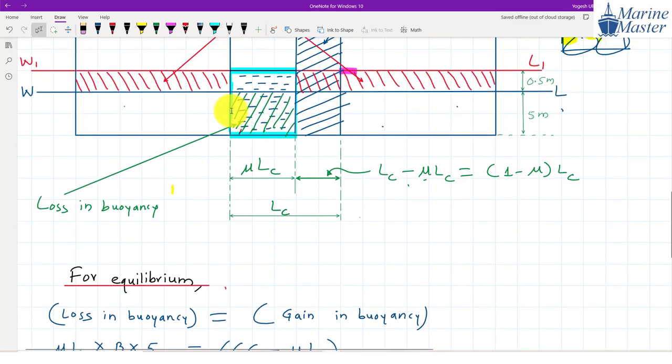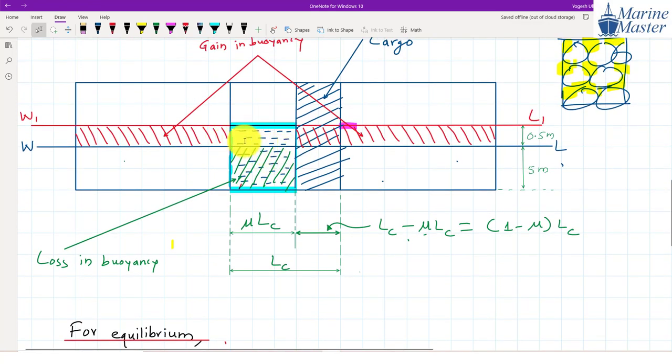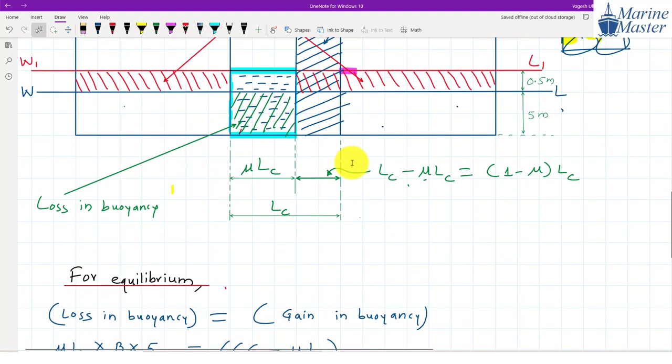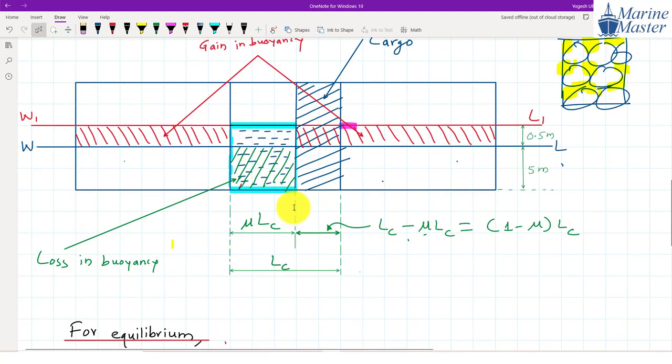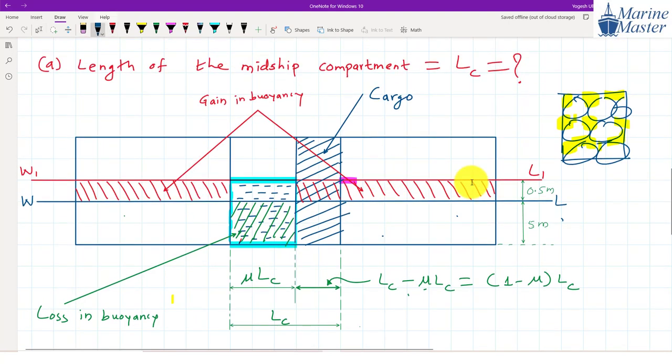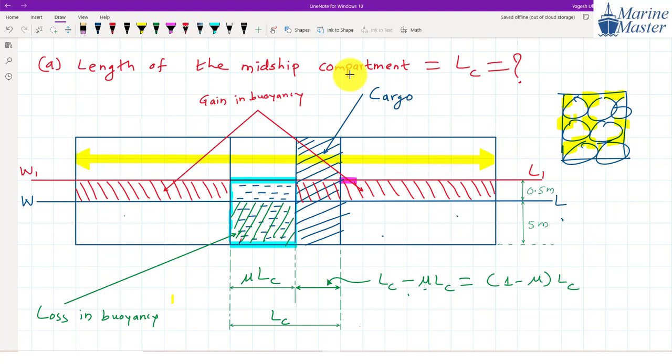This portion is mu LC, so the remaining portion length is 66 minus mu LC. What is the entire length of the barge, from here to here? 66 meter.